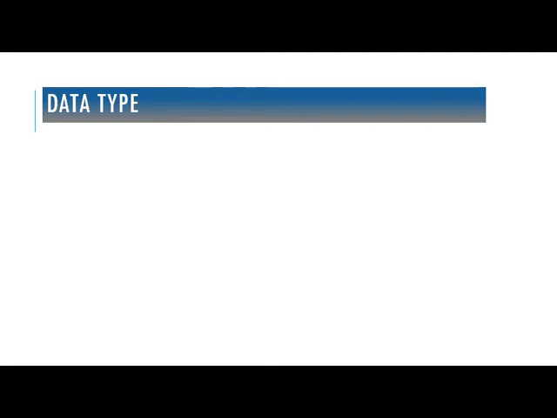Any language, it could be Java, it could be .NET, or any other language, whatever you know, data types are there. In any language, we have data types. So what is meant by a data type? Any idea?